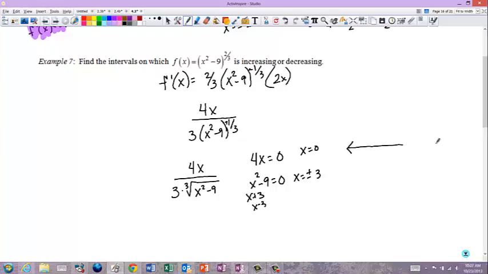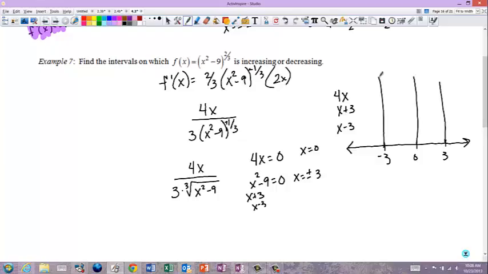So I'm going to do my sign graph: 4x, x plus 3, x minus 3, and I've got negative 3, 0, and 3. That's wrong. There, now it's better.